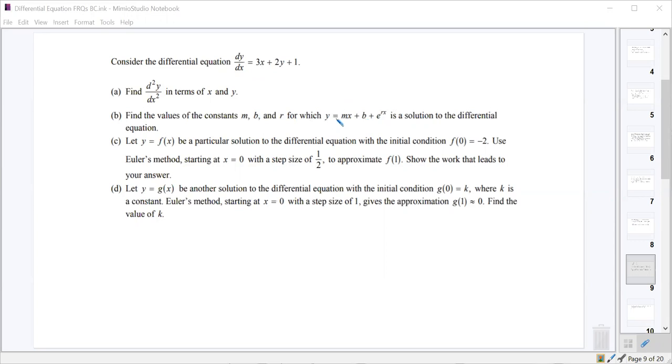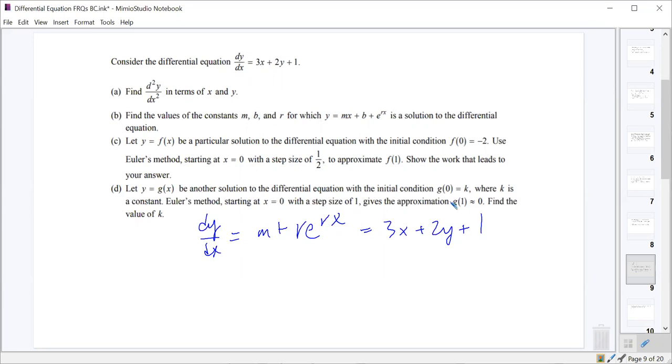If we take the derivative of y equals mx plus b plus e to the rx, we end up with dy/dx equal to m plus r e to the rx. And since that's also equal to dy/dx, we'll set that equal to 3x plus 2y plus 1.